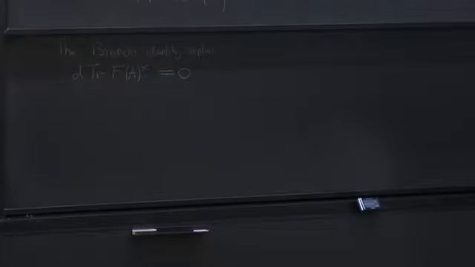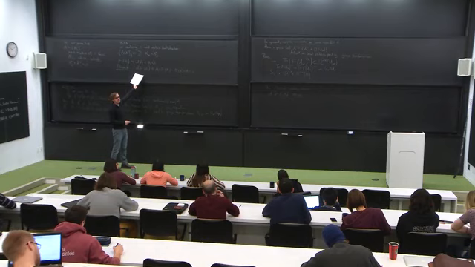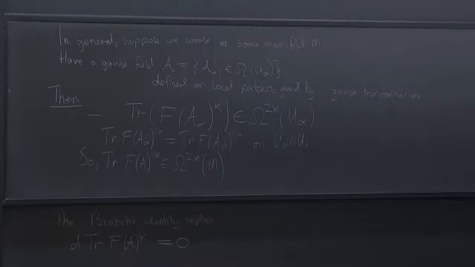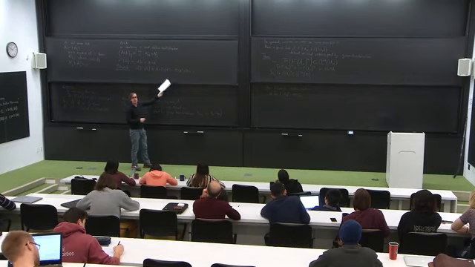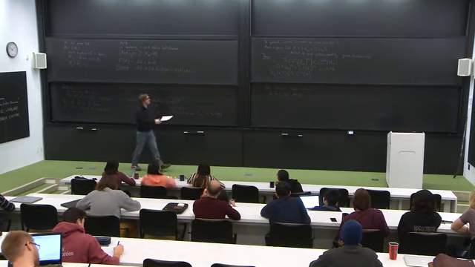So let's see that that's true. Here we have the Bianchi identity. If I try to take the d past the trace, I'll pick up these two. I can trade it for things like this. And it turns out that these terms will cancel by the cyclic invariance of the trace.